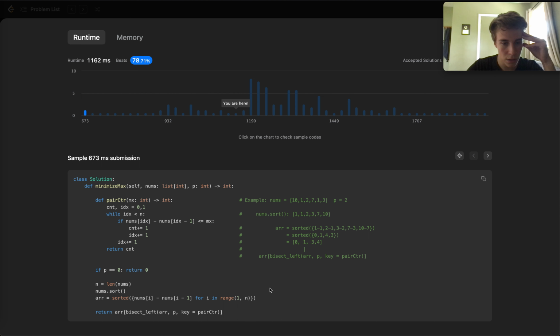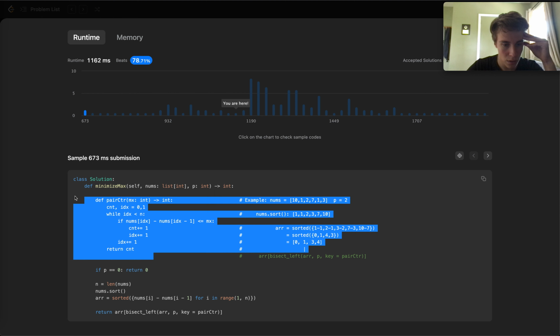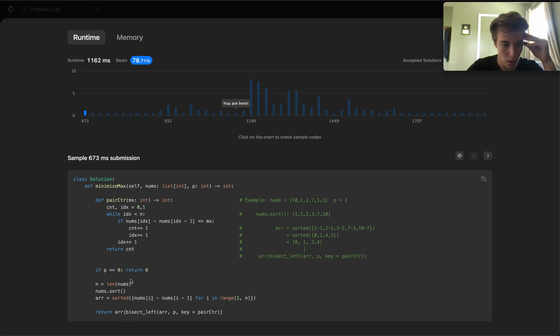Okay, in this solution, it seems like they definitely had the same idea of initially sorting. This is just there to get rid of that one scene. But then what is this? This array is a sorted instance of all different differences in a sorted array.